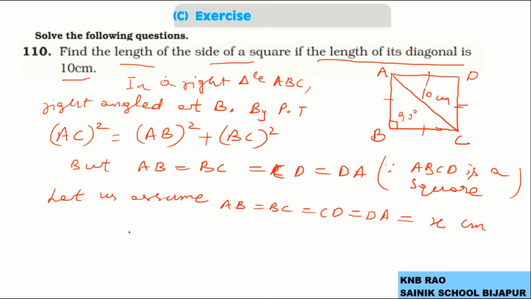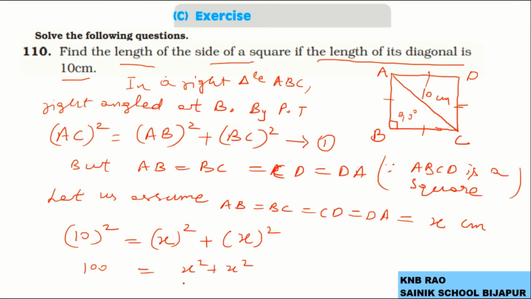That means in equation 1, if I substitute the values, AC which is given as 10 centimeter equals AB which is assumed as x centimeter plus BC which is also x centimeter, gives 100 equals x square plus x square, which is 2 times x square equals 100.